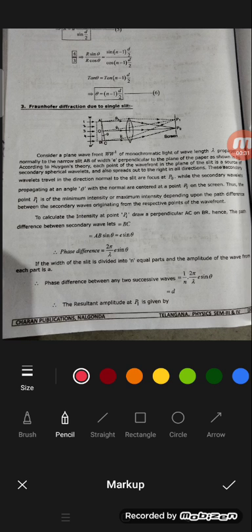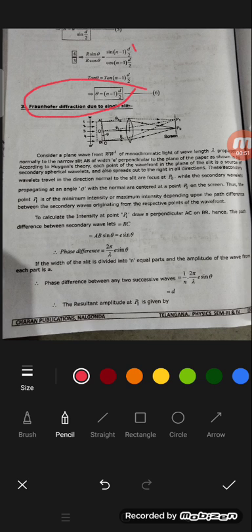Now the Fraunhofer diffraction will be exhibited by using a single slit. This is the first case, and in the second case the Fraunhofer diffraction will be produced by using a circular aperture, and then the limit of resolution is our topic.